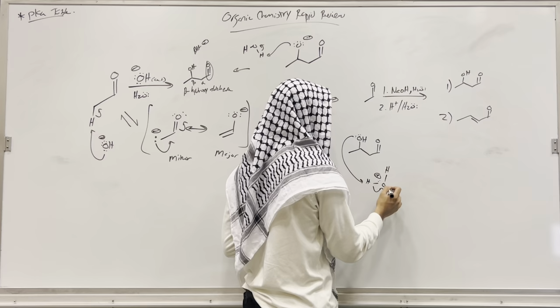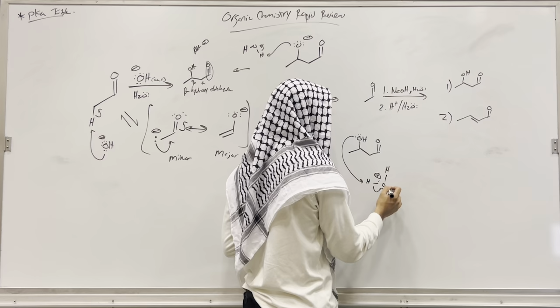Okay, so that is the first product of the aldol. It is called a beta hydroxy aldehyde because this is the alpha and the beta carbon of the aldehyde. Remember, the aldehyde includes that carbon, so the alpha carbon is the next carbon, the beta carbon is the one after that.